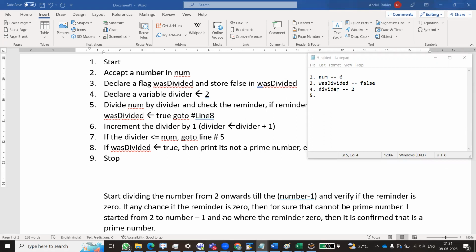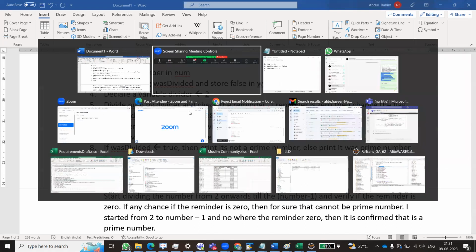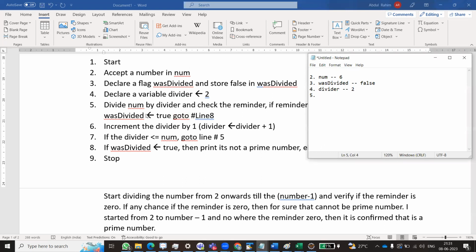Asma, are you there? Yes, sir, I'm here. So what does number 5 do? What are we doing in line number 5? We have to divide by 2 and check whether the remainder is 0 or not. I'm not dividing by 2, it is divided by what?